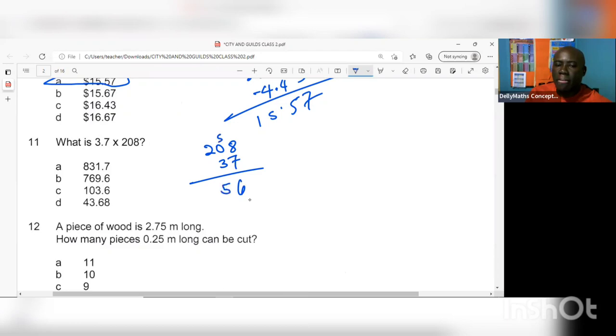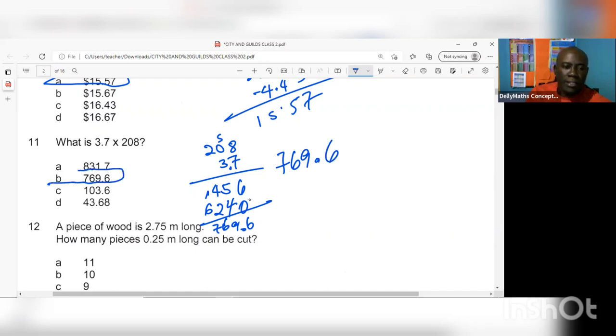Then 8 times 2 is 16 and so on, and adding up, we have 1 decimal place here. So we're looking at 769.6 before placing the decimal, and here is the answer.